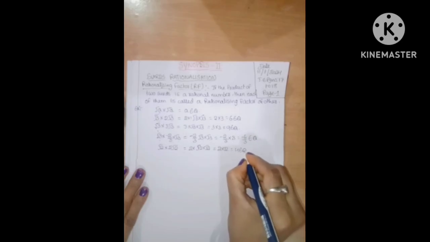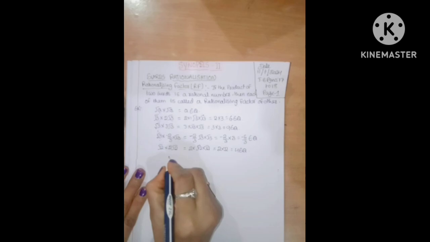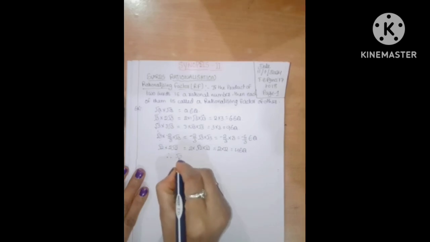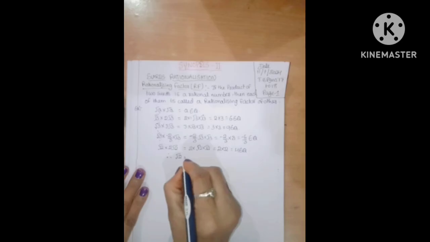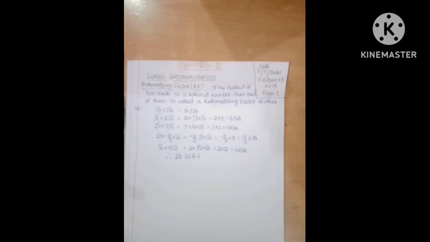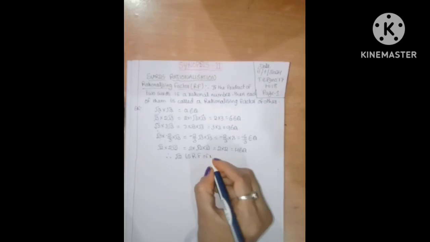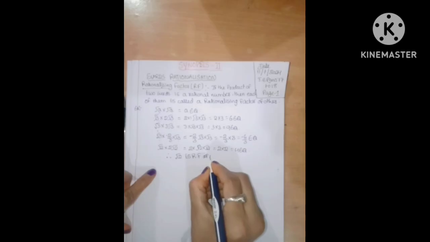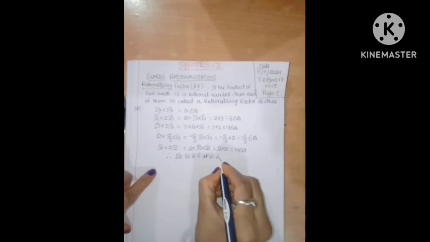Is 4 a rational number? Yes. What is the rationalizing factor of root 2? The rationalizing factor of root 2 is 2 root 2.